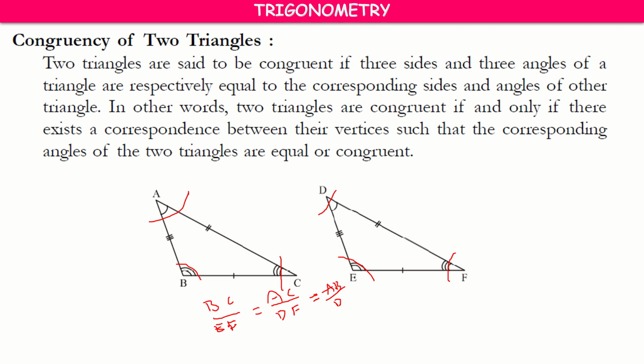Observing here, if the question comes like this, write the corresponding parts of a triangle. These are nothing but corresponding sides. What about the corresponding angles? Angle A equals angle D. Angle A equals angle D is a pair of corresponding angles. Angle B equals angle E is a pair of corresponding angles.